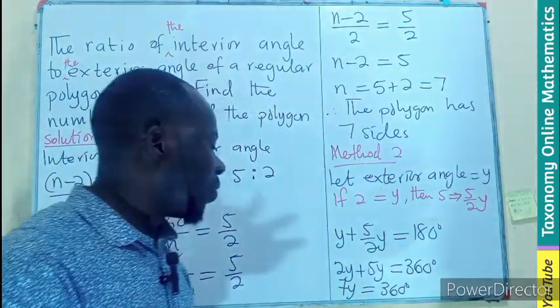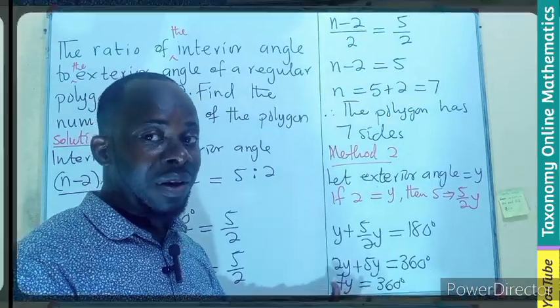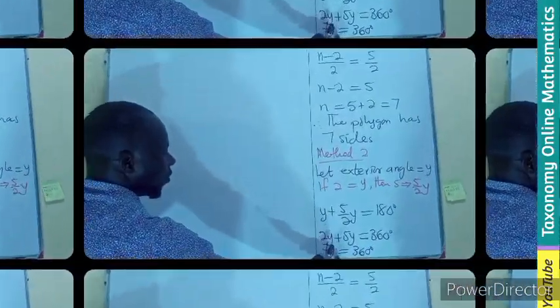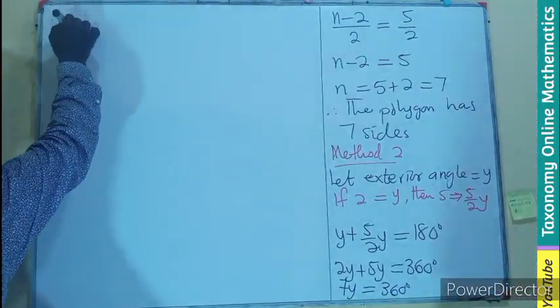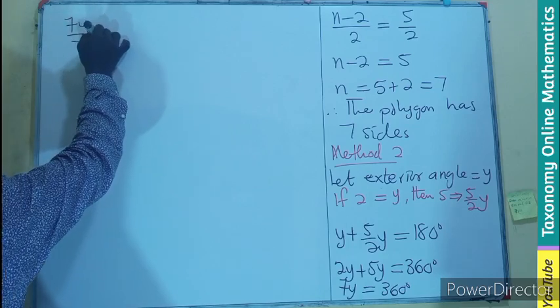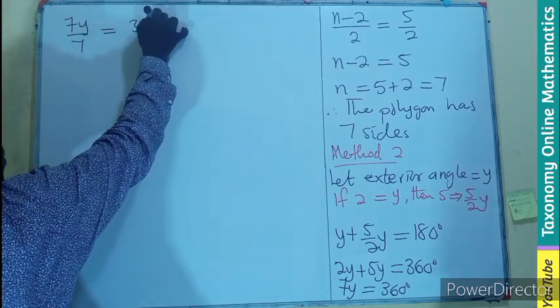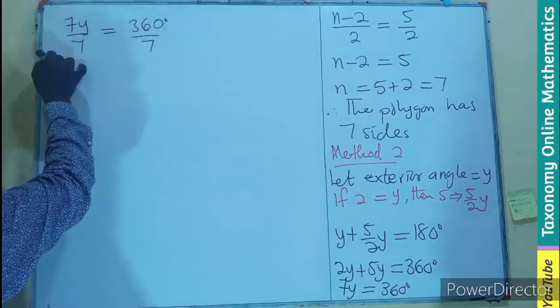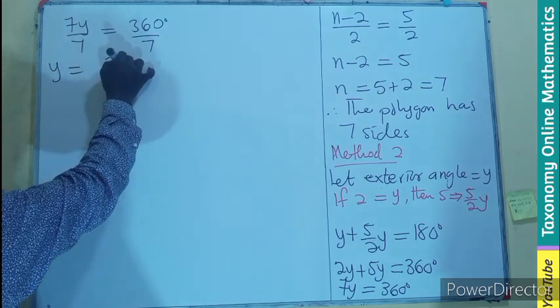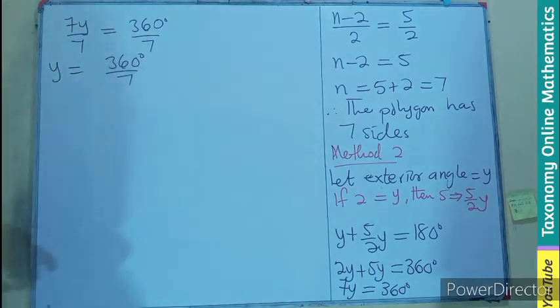So what do we do here? We can find y directly from here. 7y divided by 7 equals 360 degrees divided by 7. So y will now be equal to 360 divided by 7.